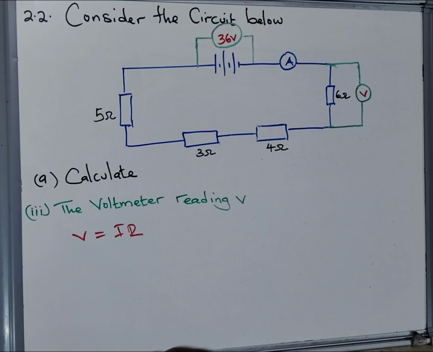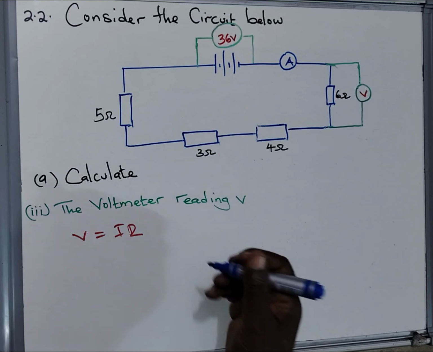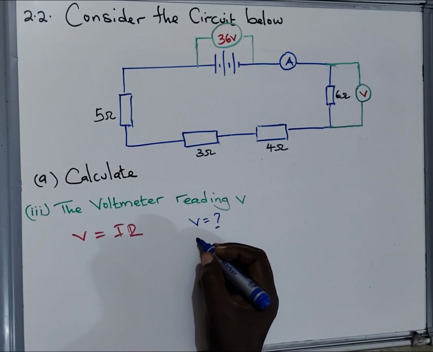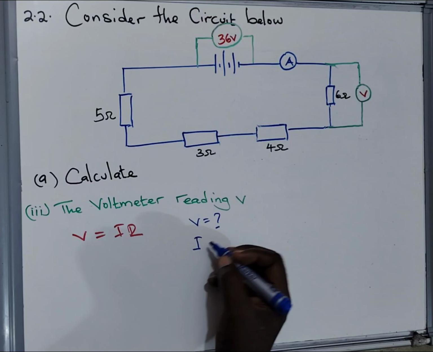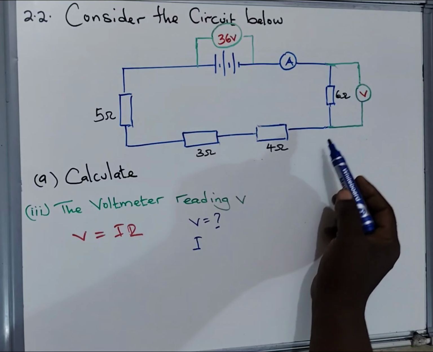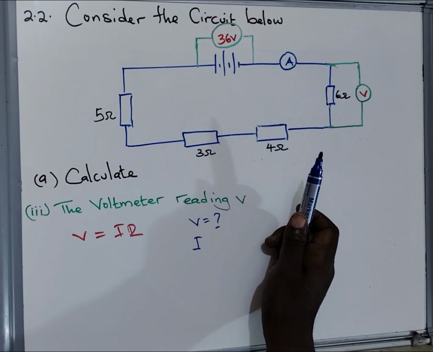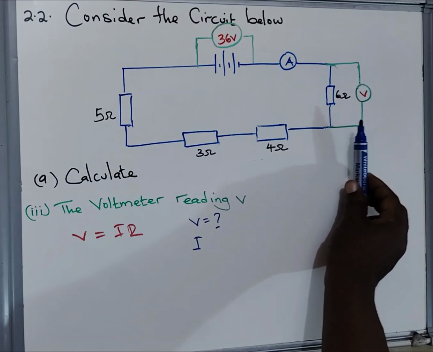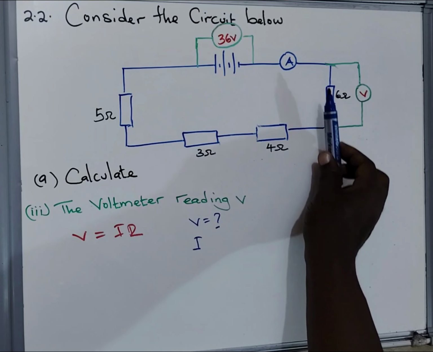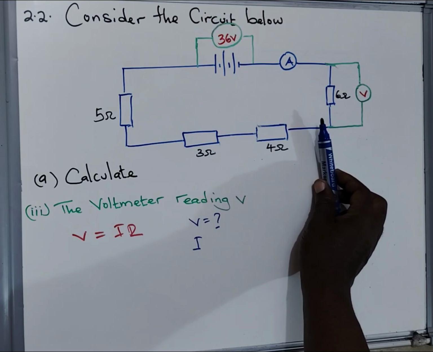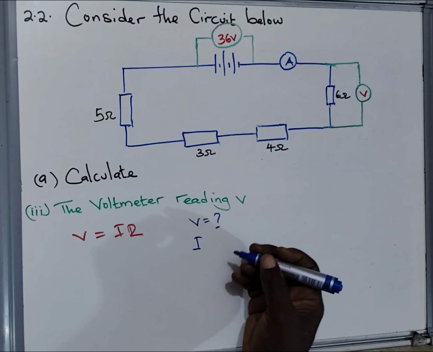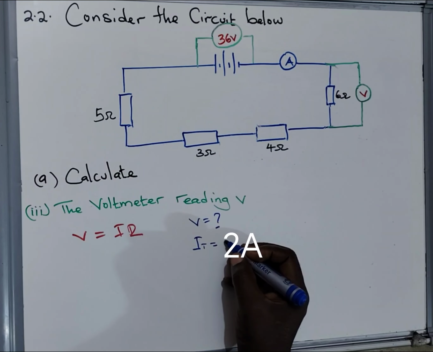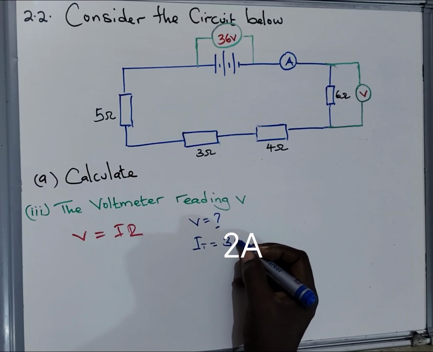But for this case, we don't know V. But we know I. I is the total current which goes through the circuit. You need to remember that no current passes through the voltmeter because it has a very high resistance. So in other words, I total is the one which passes through 6 ohm, and we found it as 3 ampere.